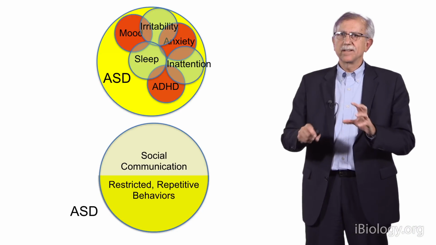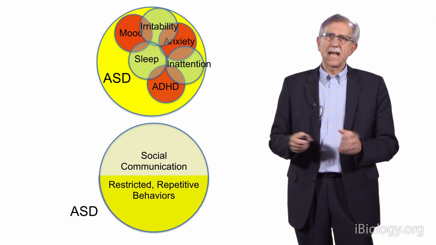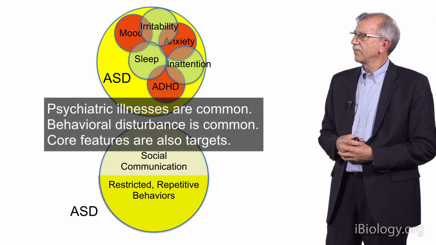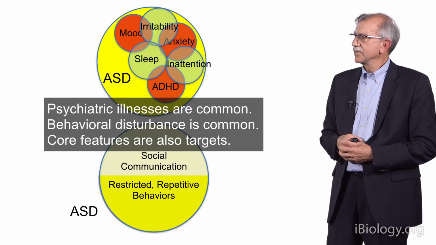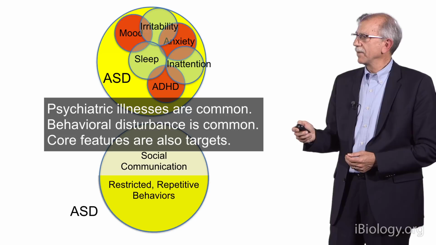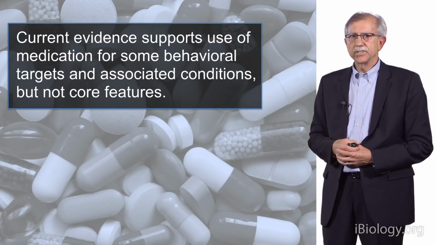And moreover, none of these completely overlap, and so we have a very complicated mix, potentially, of targets that people are exploring in clinical trials. So, in summary, the illnesses are common, behavioral disturbances common, and of course the core features are common.